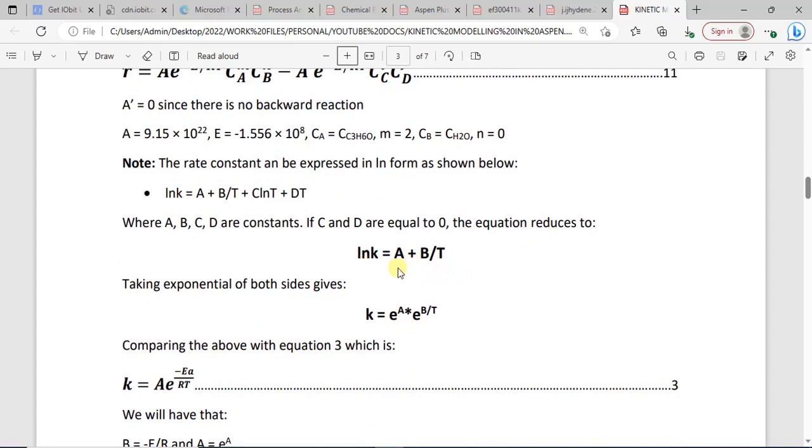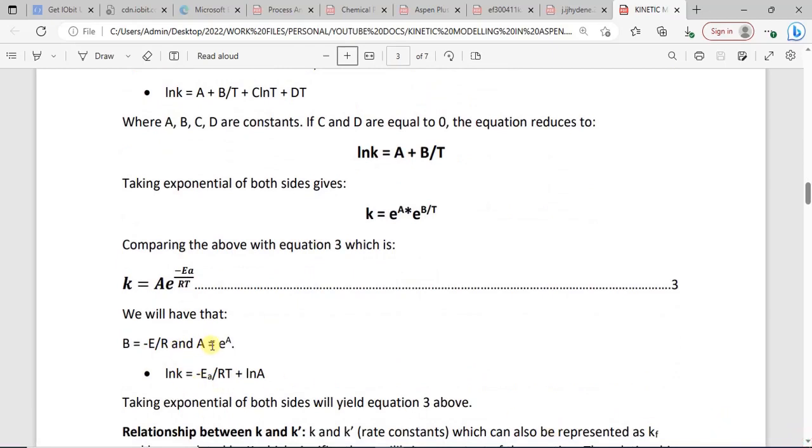Now, if you take the exponential of both sides, you have k is equal to e raised to power a times e raised to power b over T. Comparing this with the rate constant equation, which is equation 3, you will have that A is equal to e raised to power a, and b is equal to minus E over R. As you are looking at these expressions, you can pause and look at them properly to understand what I'm saying.